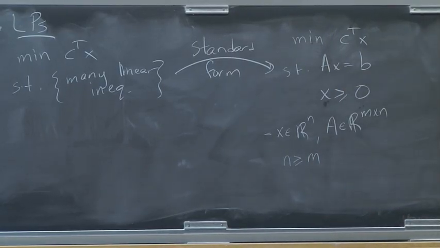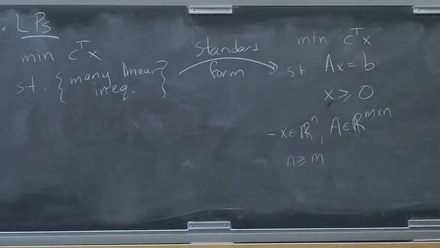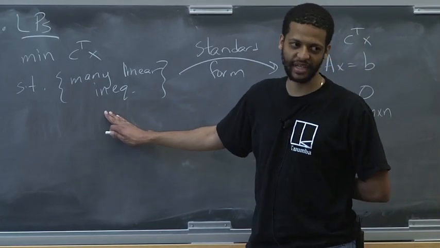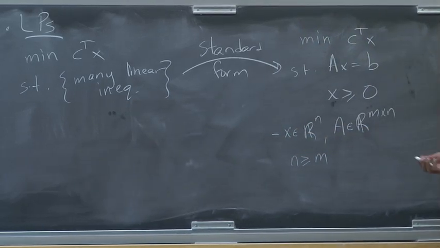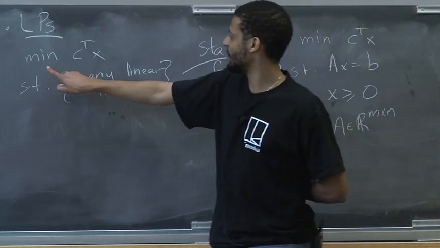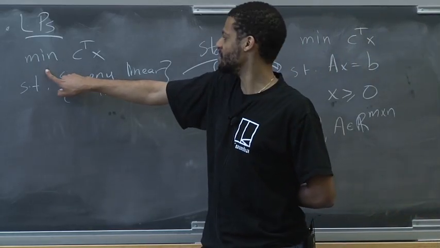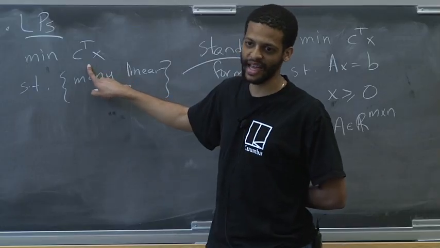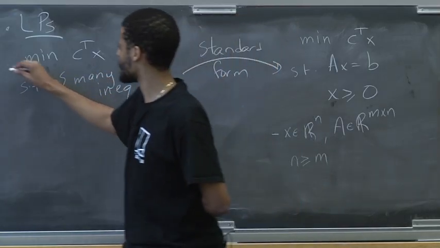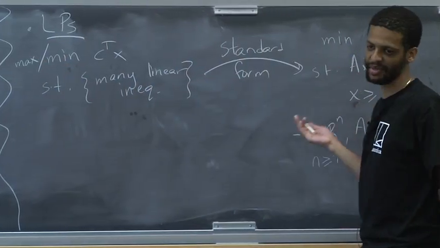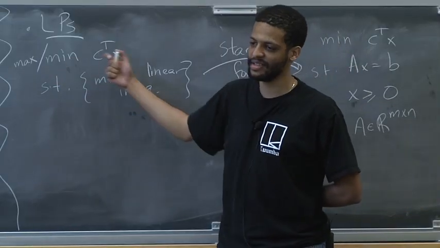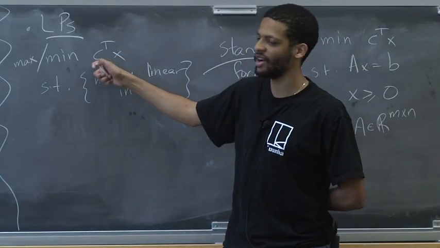I claim that any LP can be written in this form, and I'll say why. If you have a maximization problem like max c transpose x, this could be max or min, but without loss of generality you can say it's min, because if it's max, that's just minimizing the negative. So you can put a negative sign on all the entries of c.